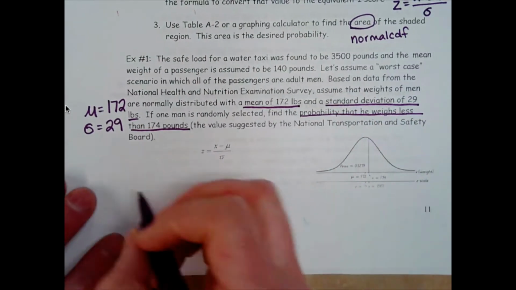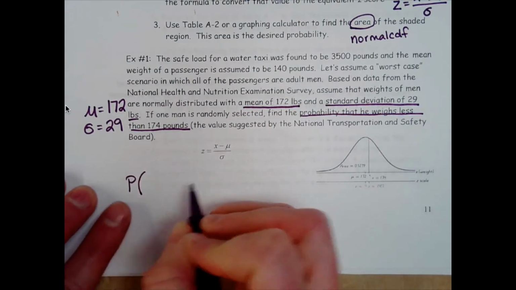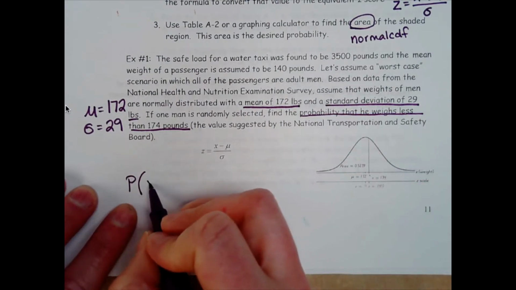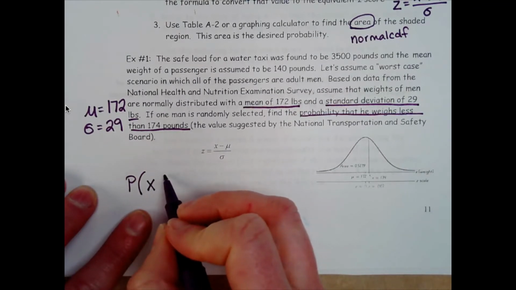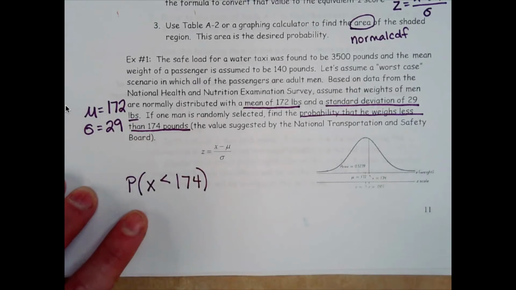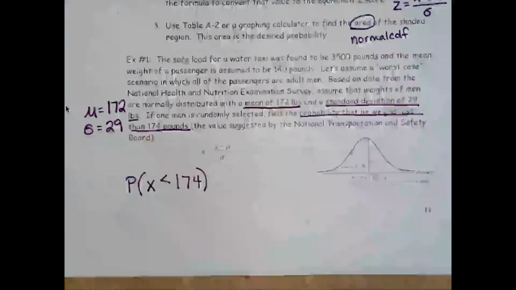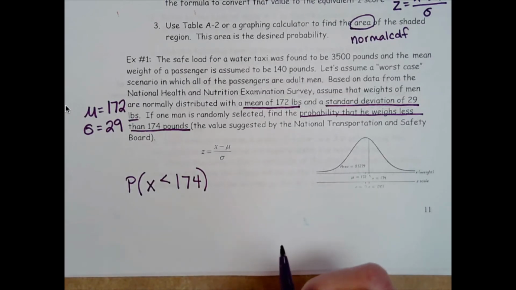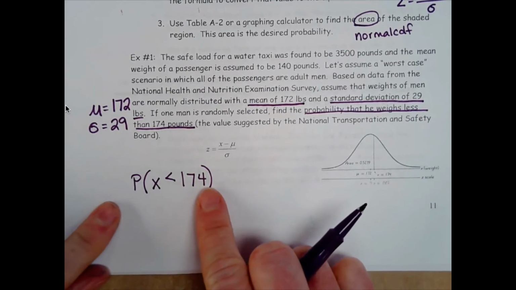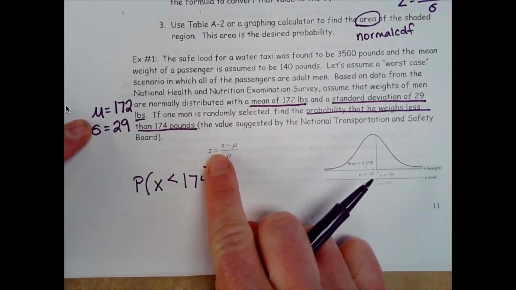We want to find the probability that he weighs less than, so x is less than 174 pounds. Probability is going to be the area under the curve, so we can't just look at these two values. We've got to convert it to a z-score.